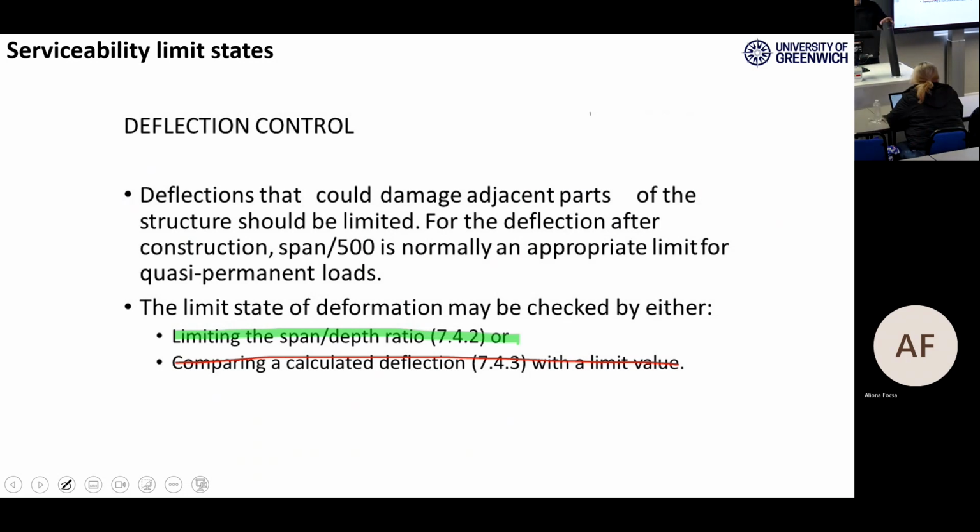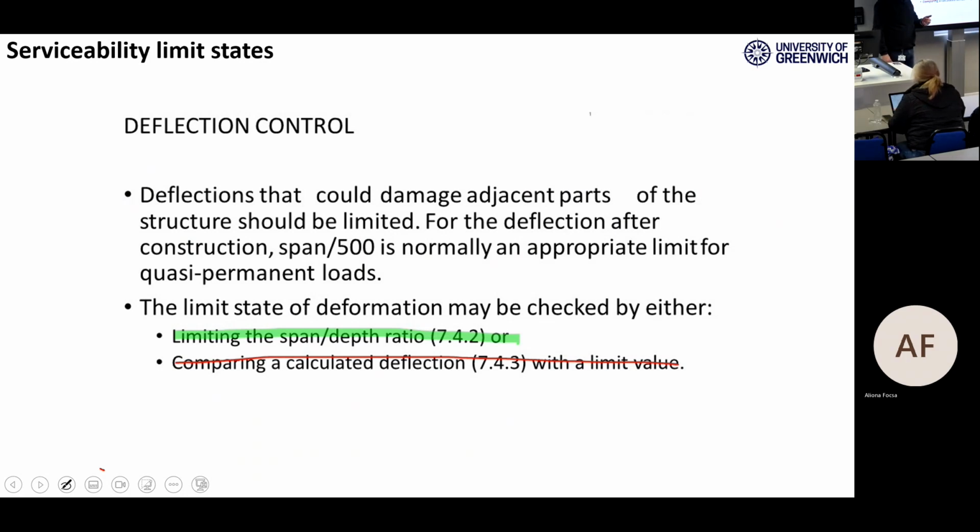And keep in your mind, always when you see some complex method and a simple method in the code for anything, not for this one, for any kind of calculation, the simple method is more conservative than the complex method.